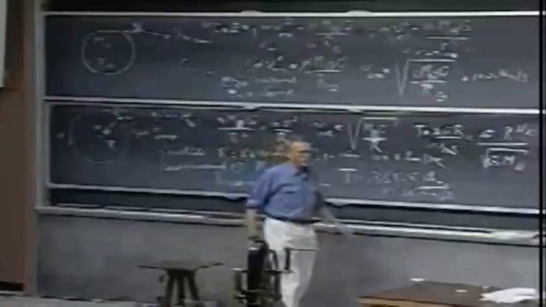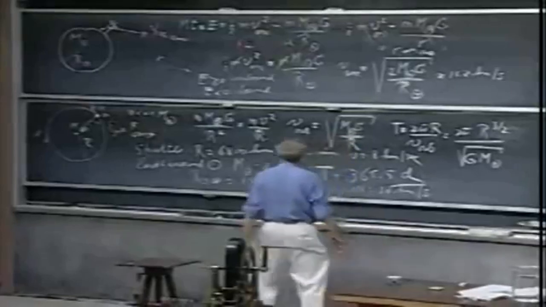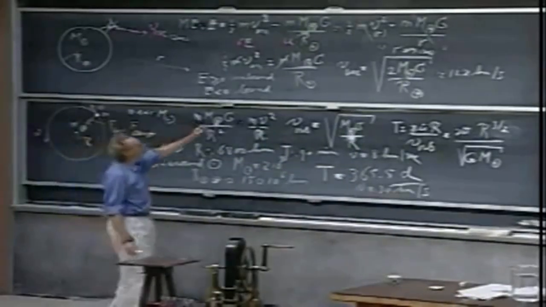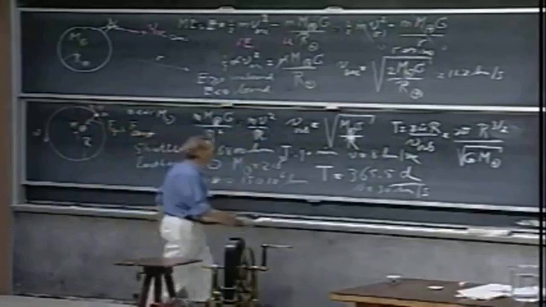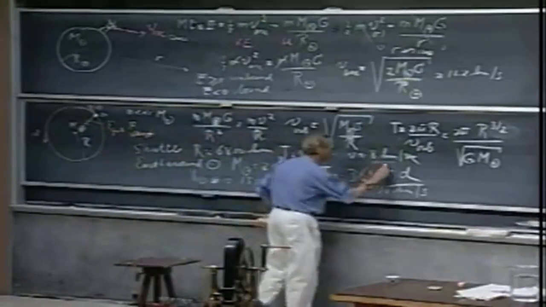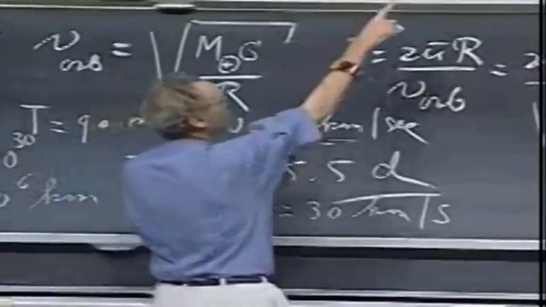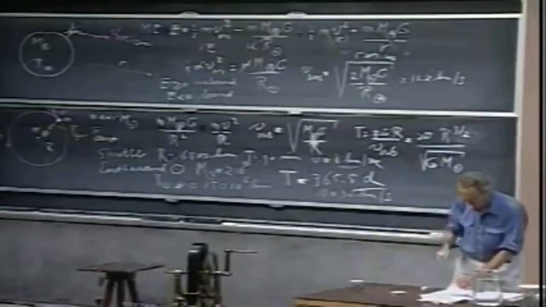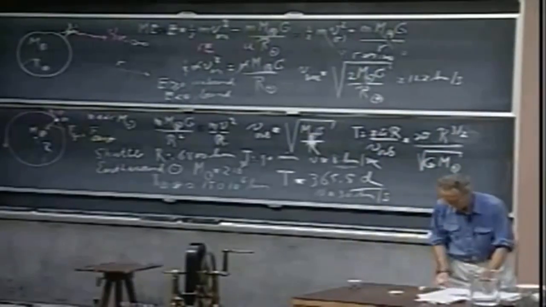So if you wanted to escape from the Earth, you need 11.2 kilometers per second. If you are near Earth in orbit, you are at 8 kilometers per second, and 8 times the square root of 2 is exactly that 11.2. So you see the connection is always through this square root of 2.